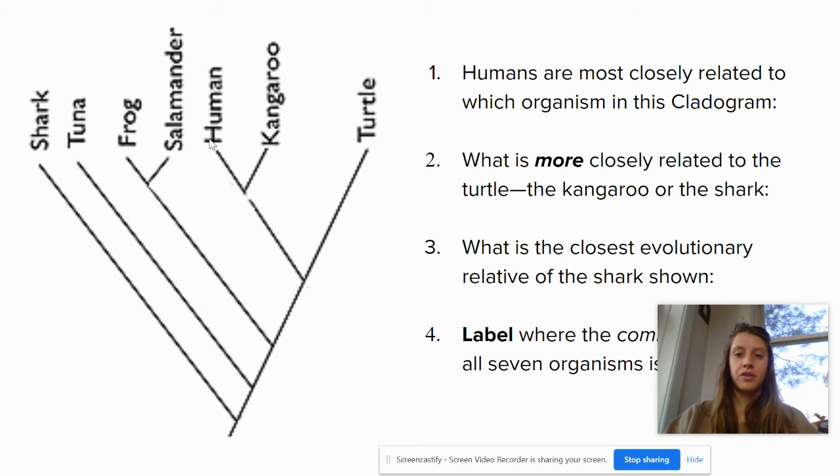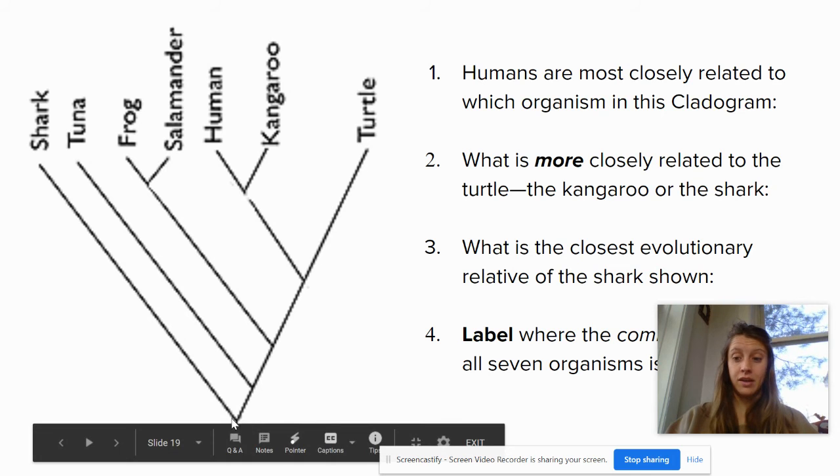They are most closely related to the organism that they share the most recent node with. Humans and kangaroos are attached right here, which means they split this many millions of years ago, much more recently than humans and, say, turtles, which shared an ancestor here, or humans and sharks, which shared an ancestor all the way back here in time.